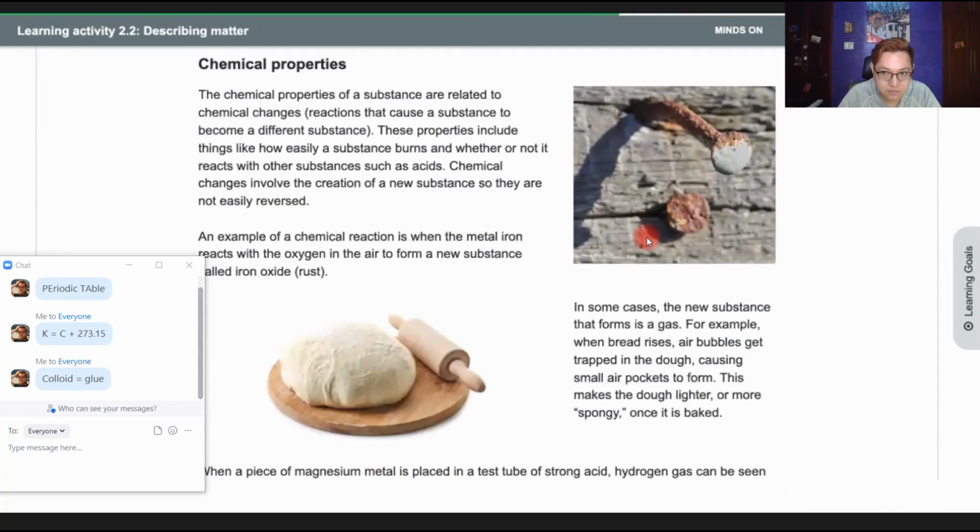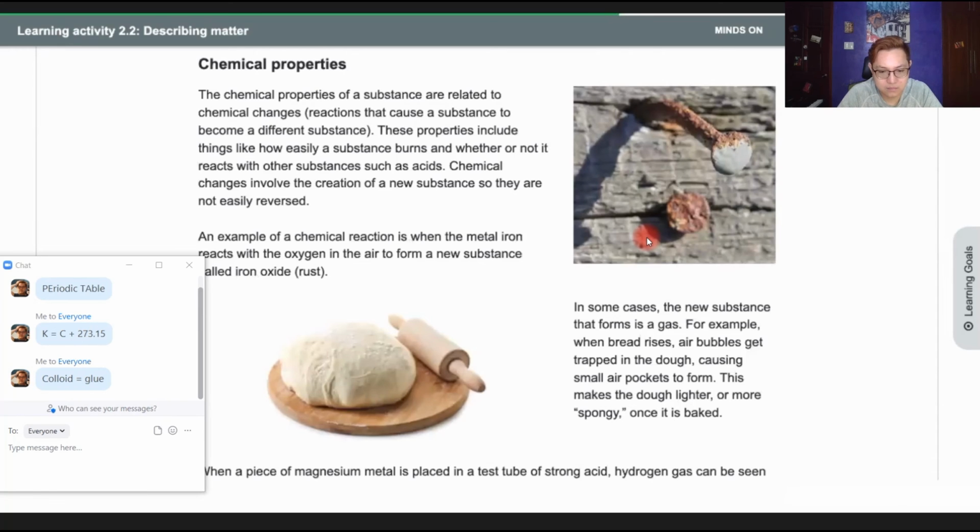Chemical properties. The chemical properties of a substance are related to chemical changes, reactions that cause a substance to become a different substance. These properties include how easily a substance can burn and whether or not it reacts with other substances such as acid.